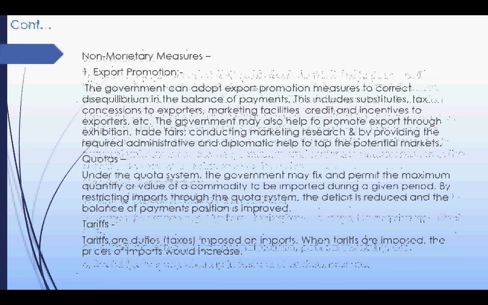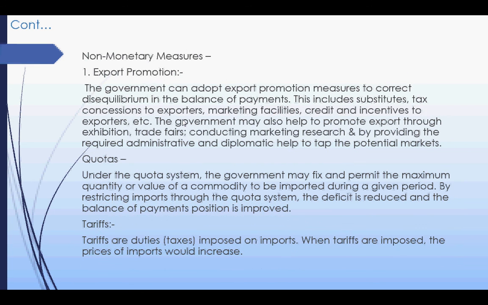Number two, there are certain non-monetary measures that are also being taken in order to increase the exports. So these measures could be followed by the government of India. Therefore, we could see the favorable position in India's balance of payment position.